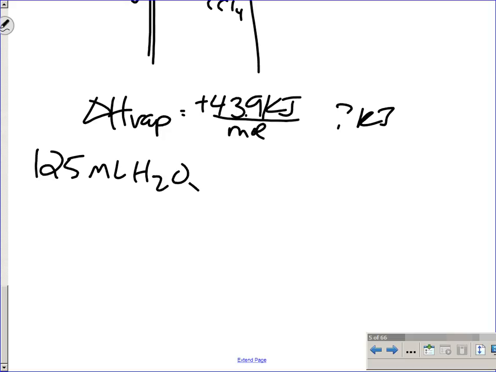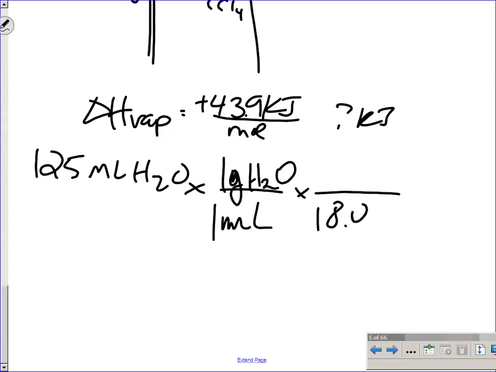Convert to grams. So what's my conversion? 1 milliliter to 1 gram of water, and then 18.02 grams of water is 1 mole of water.